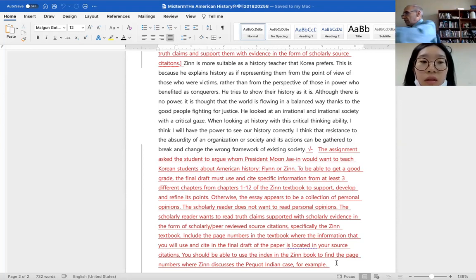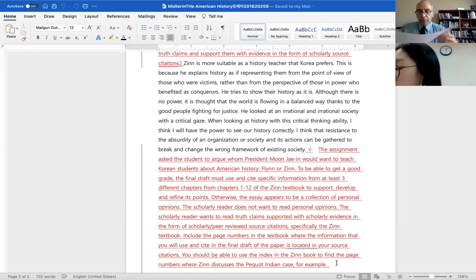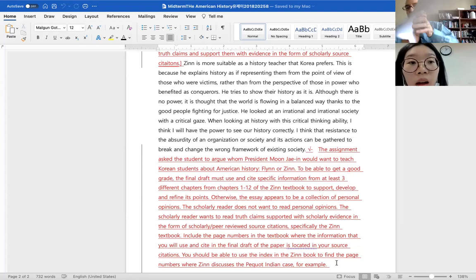You can use the index to look up by ideas and concepts. You can see the word index here, right? You can look up by alphabetical order. So like the Pequot Indians.